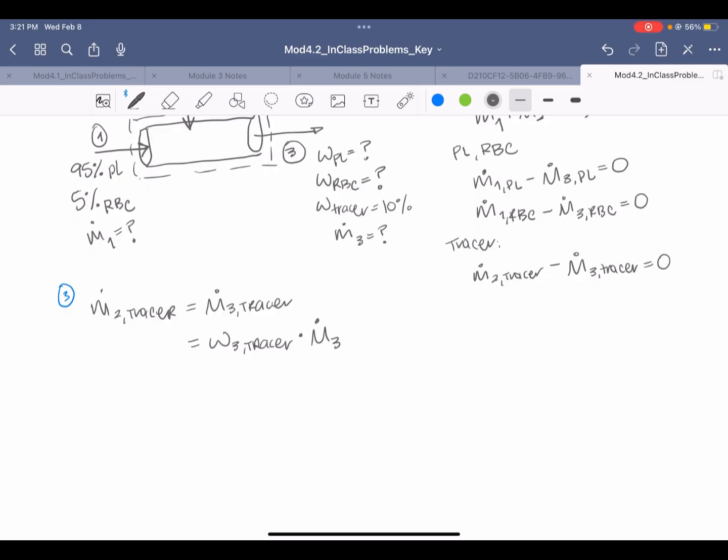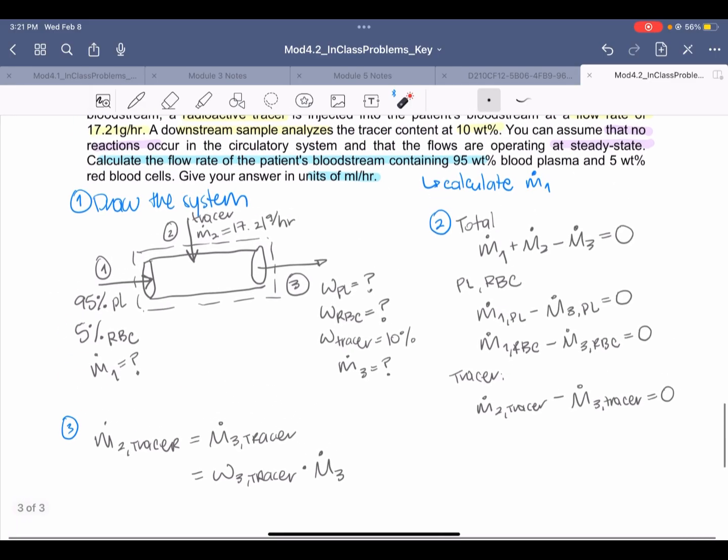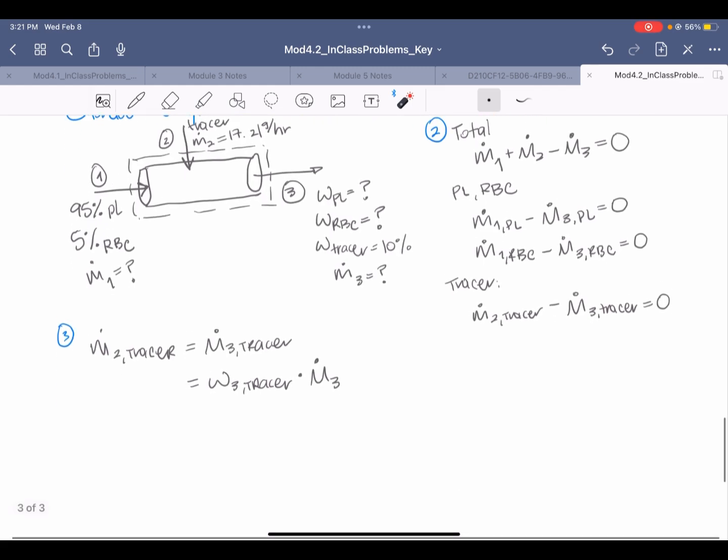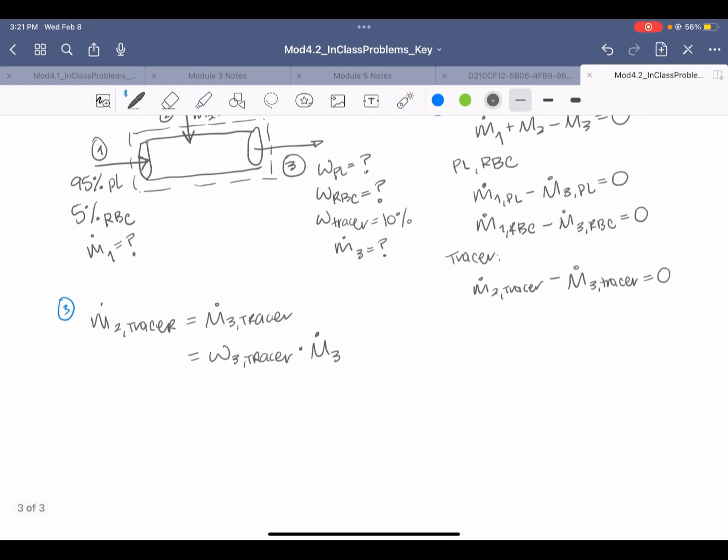And this I already know because it's the same as the total mass flow rate in that stream, which was given to us by the problem, 17.21 grams per hour.